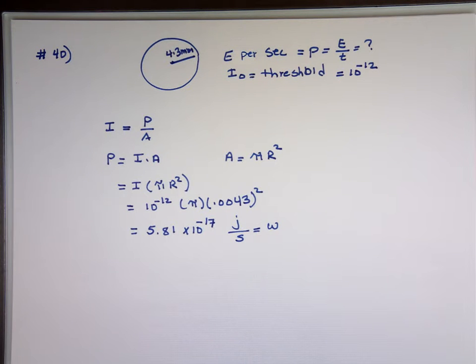find the energy per second at the eardrum if the listening sound is at the threshold of pain. So we need that chart. I don't have it with me. The beginning of pain, was it 120 decibel?